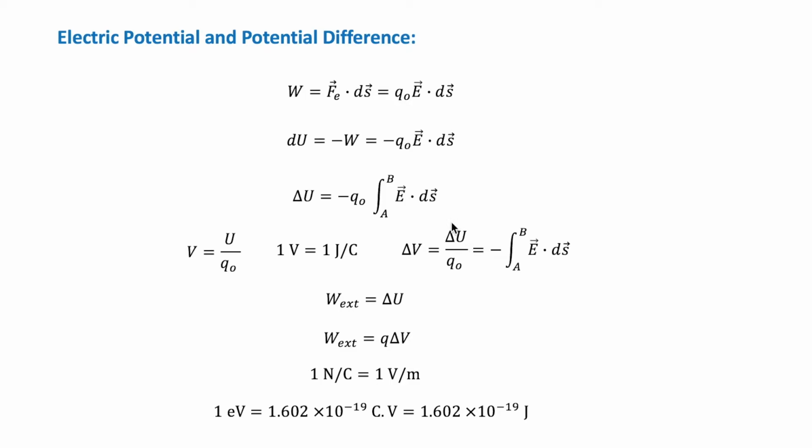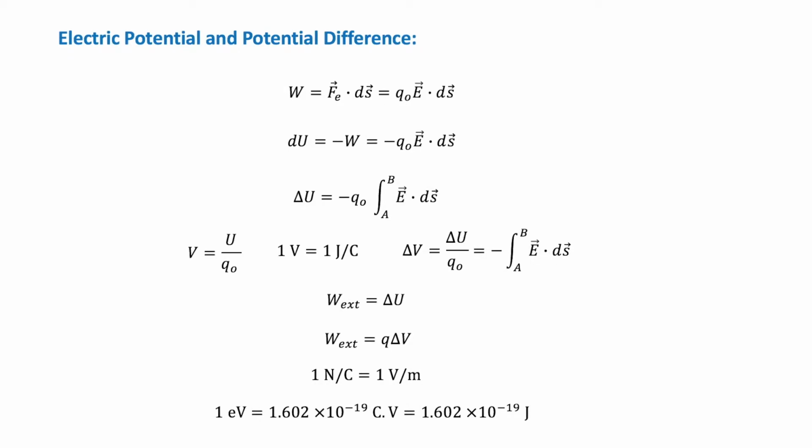And also note that the change in electric potential between 2 points, or the potential difference between 2 points, depends only on the source charge. But if we want delta U, we must have a system of 2 or more charges, okay? And the change in the potential energy will be associated with the change in the position of these charges relative to one another.